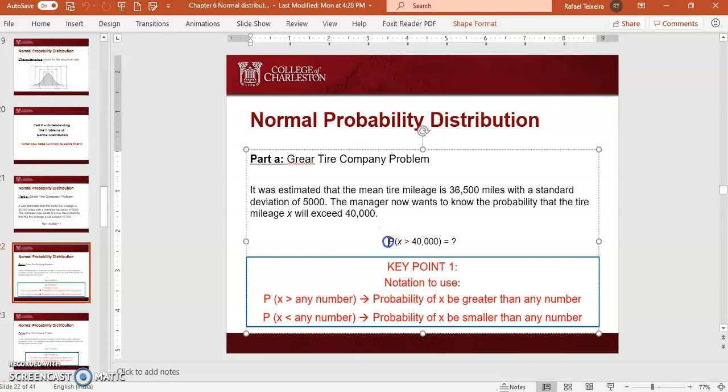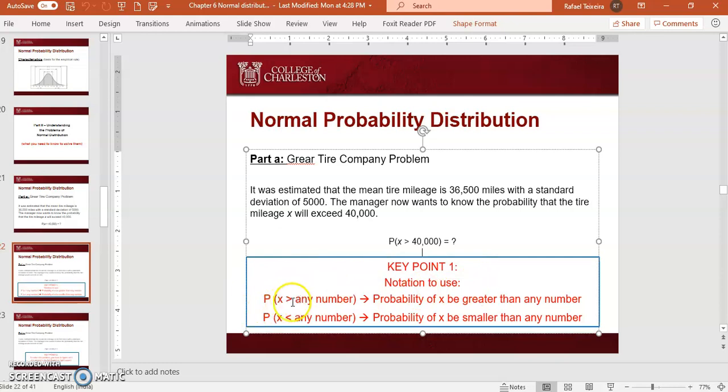You see that here we have P, which is the probability that a given tire X, where X is the miles for that tire, is higher than 40,000. This notation translates the problem into math notation: what's the probability that the mileage will be higher than 40,000 miles? So pay attention to the notation.